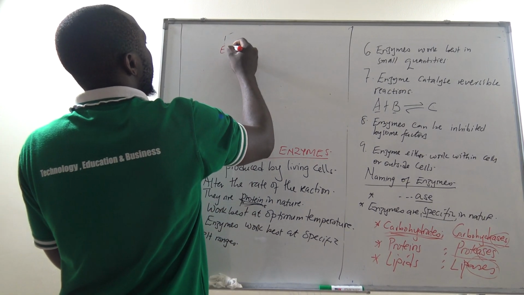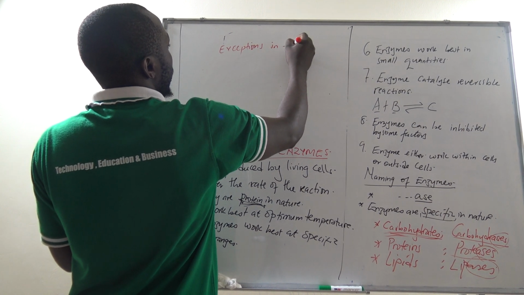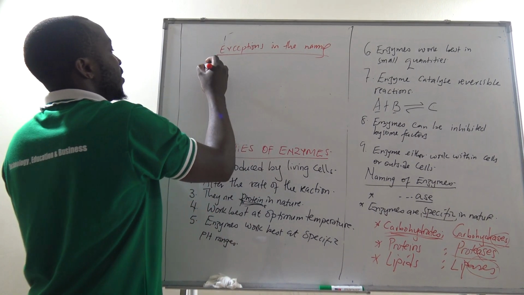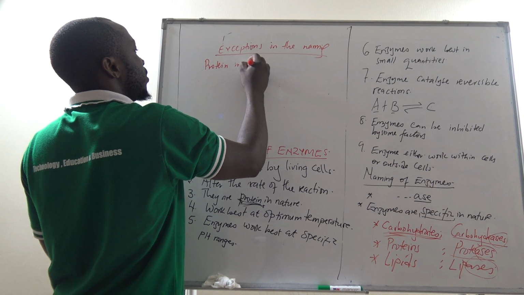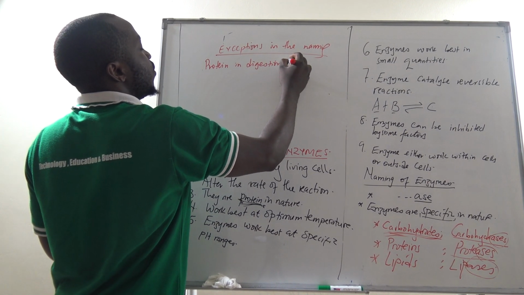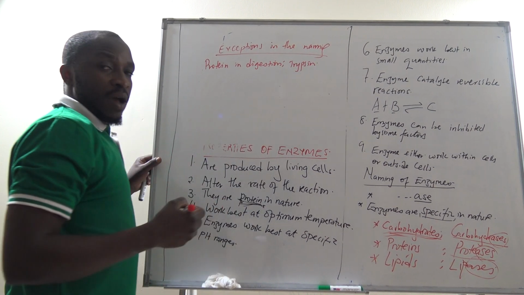So exceptions in the naming. Let's say proteins in digestion. You find when the enzyme is trypsin from the pancreas.